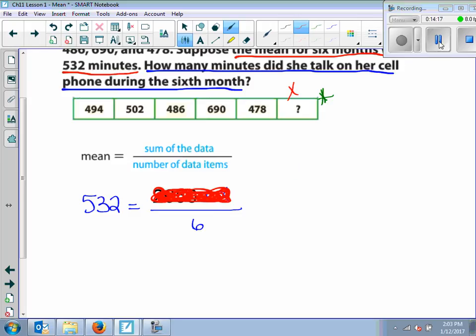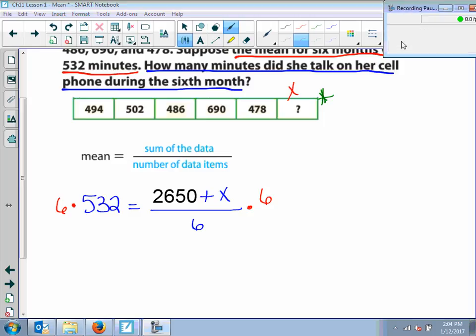What is the inverse of division? You're going to multiply. So, I want to get red blob by itself, right? What do I want to get rid of? The 6. So that is what we are going to multiply by. So we're going to multiply times 6 here. And if I multiply by 6 on one side, the division property of equality says we need to multiply by 6 on the other side.